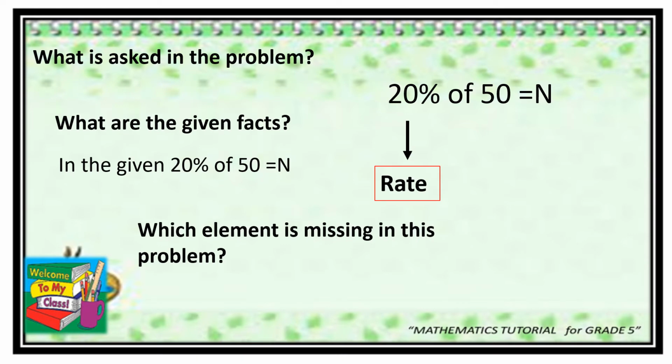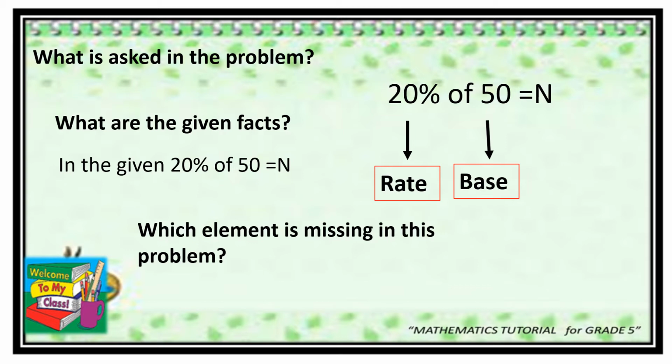Dahil, ano ang palatandaan natin? Pag rate, mayroong percent symbol. 50 is the base. So, ang base naman, ito yung number na nakasulat after the word of. So, ang 50 ay nasa hulihan ng of. So, ito ang ating base.